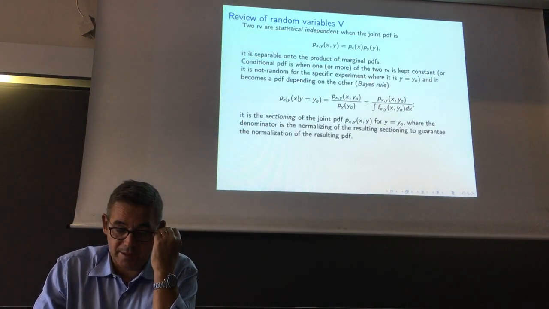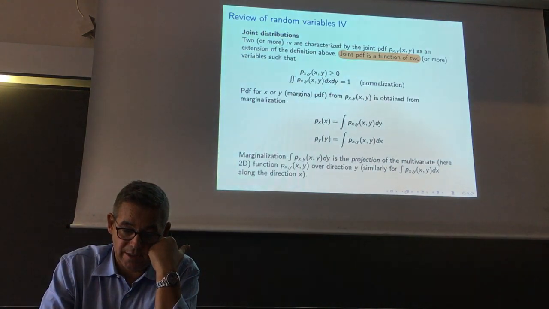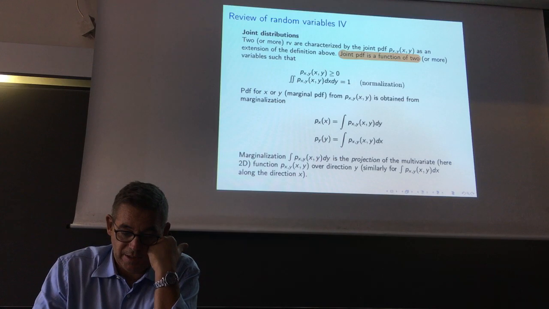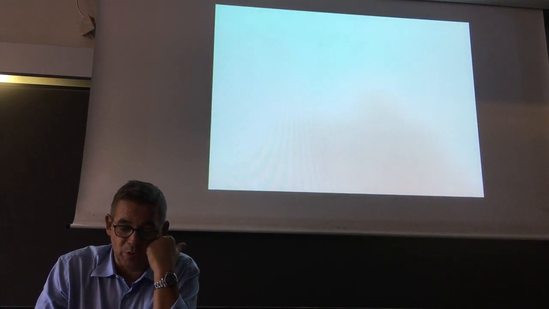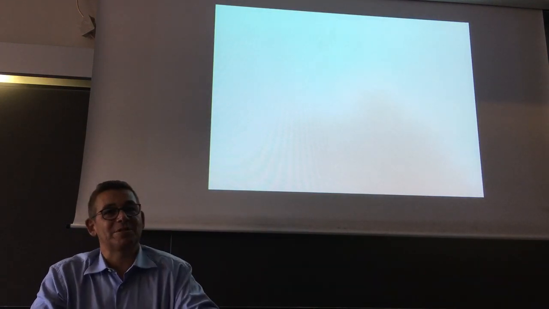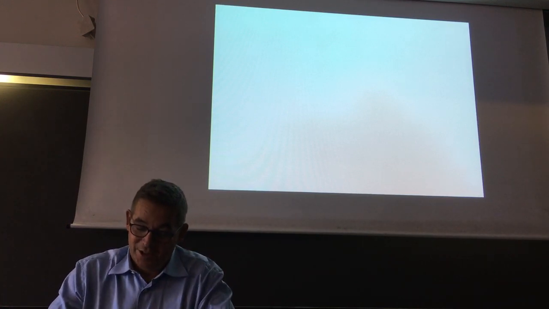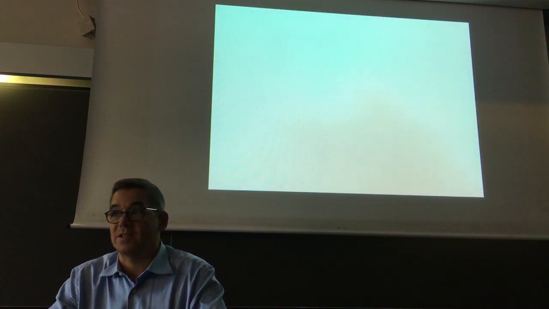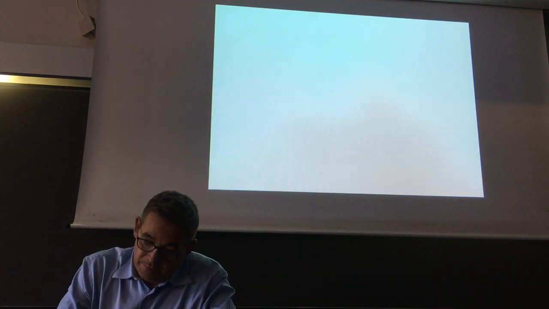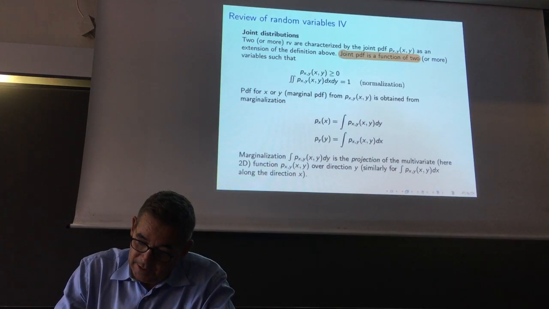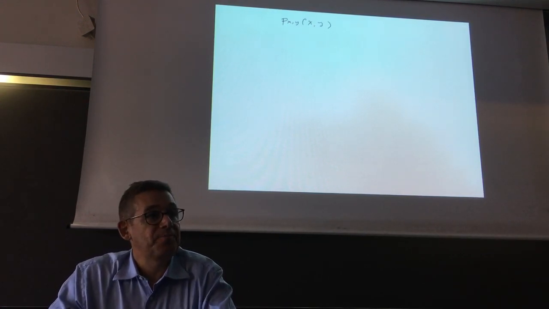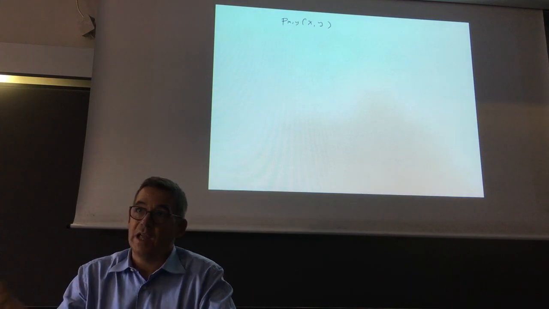Now let's look at it a little bit. So the probability, what they call p(x, y), is a function of the two random variables x and y.